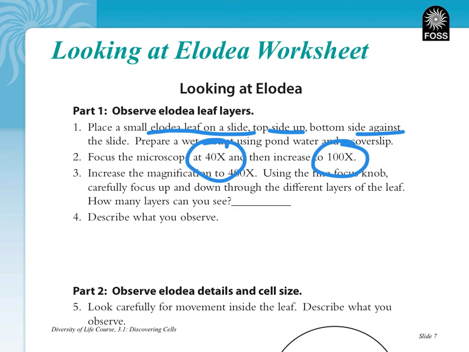Then we will later increase it to 400. Use the fine focus knob at this point to carefully focus up and down through the layers of the leaf. Because it says layers, there's more than one layer. We'll be using this one. And then you need to describe what you see and how many layers you can see.